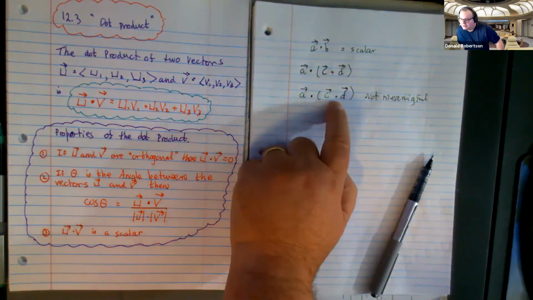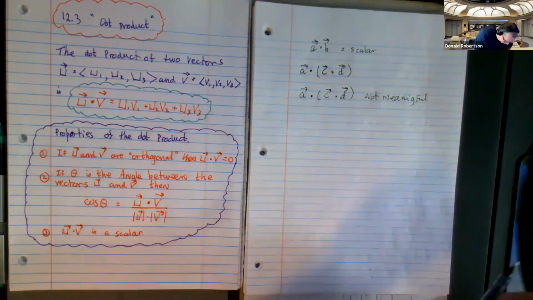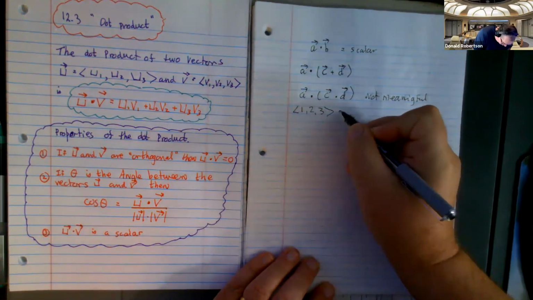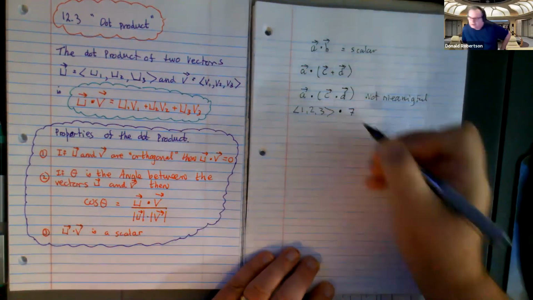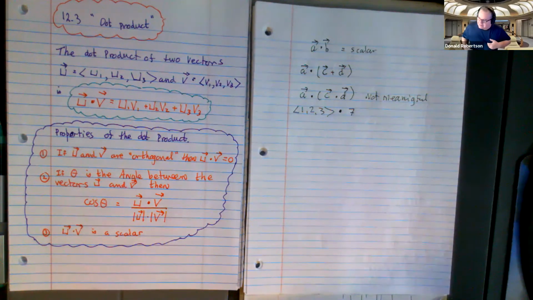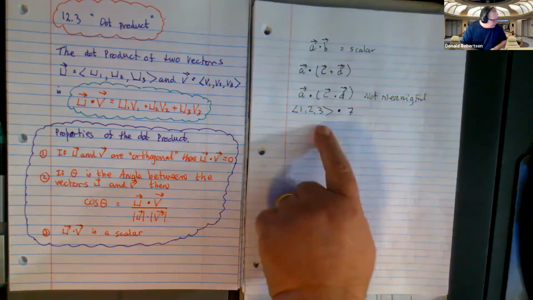That has no meaning. It wouldn't make sense to ask what is 1, 2, 3 dot product with the number 7. I'm not meaning 7 times the vector. That's a different story. I'm saying the dot product with 7. That's different dimensionality, essentially.